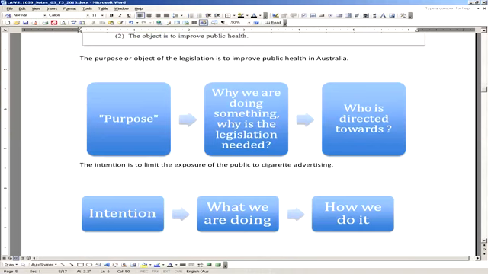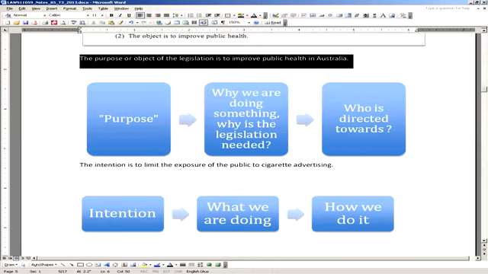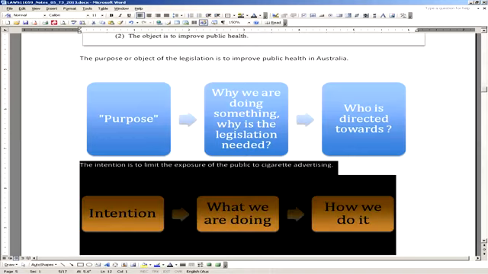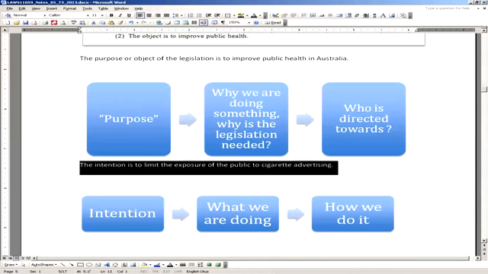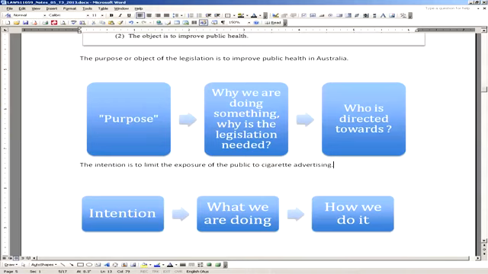The intention is to limit the exposure of the public to cigarette advertising. I mean, even those two sentences, which is a good example of what you were just saying, it's just a paraphrase of the same thing in a lot of ways. They're not distinguishing them the way, say, we were, which is a long-term view and a short-term view.